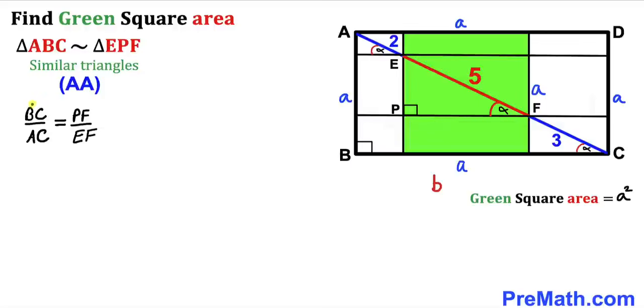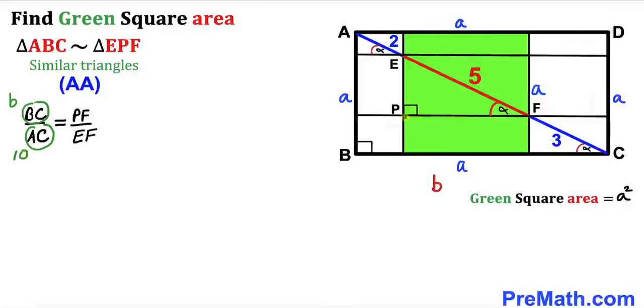Now we know our BC length is lowercase b. Our whole AC length is the sum of these individual lengths 2, 5 and 3, which gives us 10. So our AC length is 10.